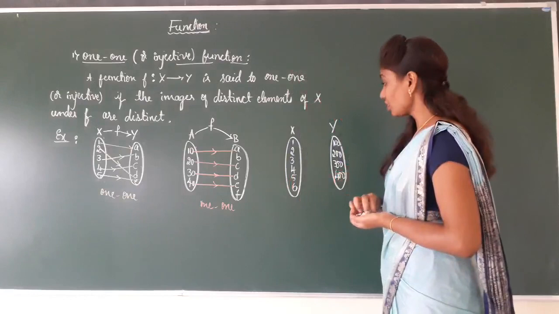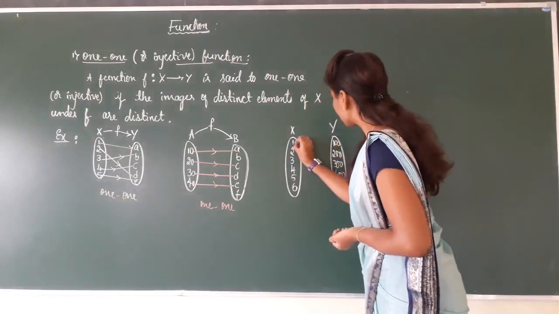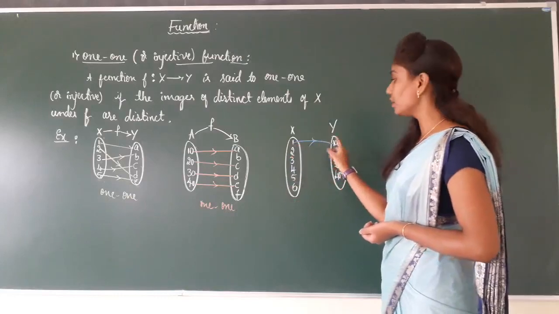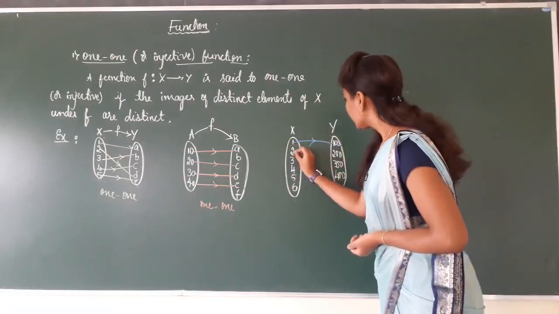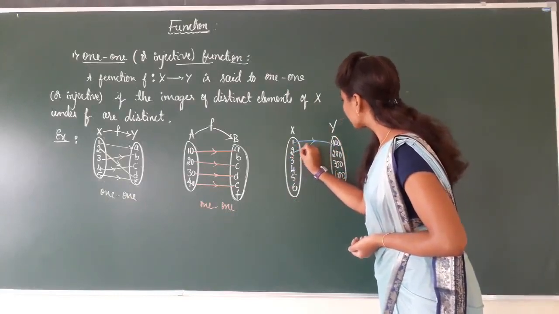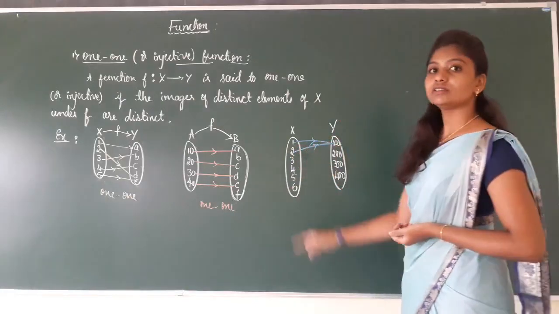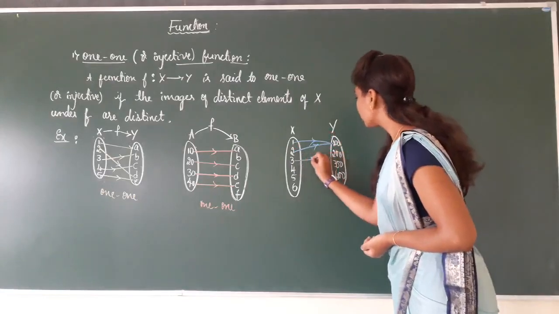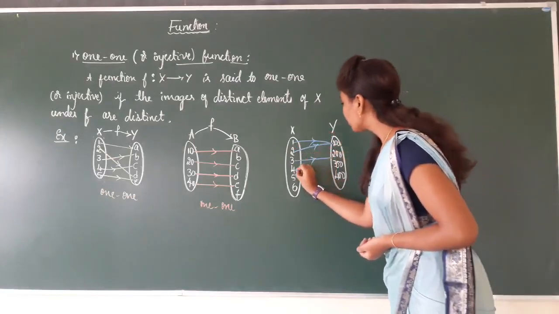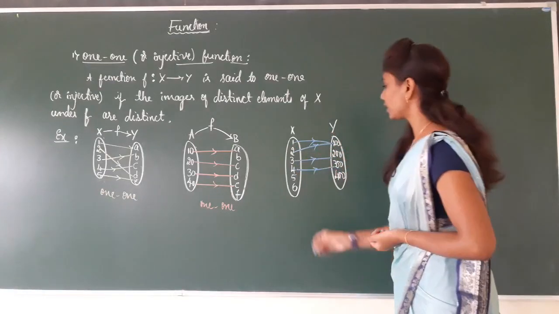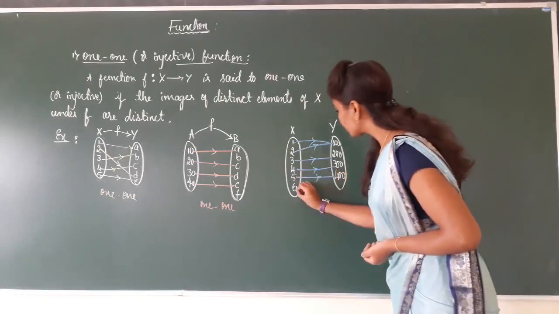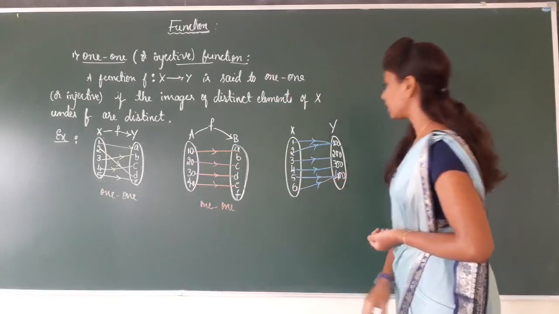Observe here. 1 is mapping to the element 100. 2 has the image 100 only. Next 3 has image 200. 4 is mapping to 300. 5 is mapping to 400 and 6 is also mapping to 400.